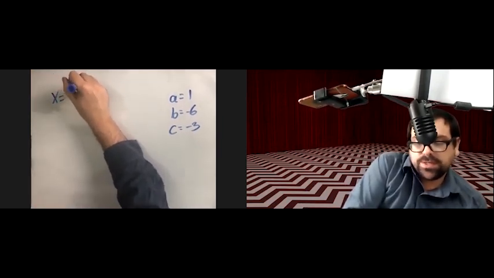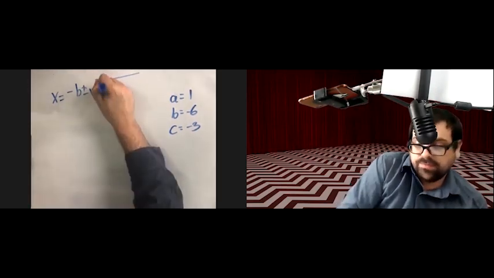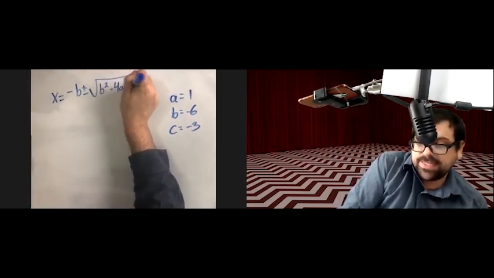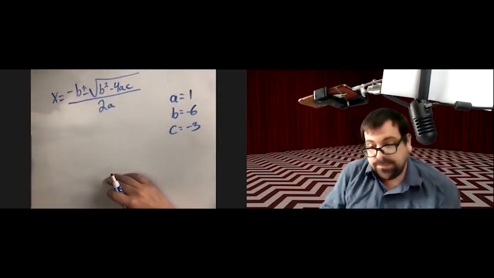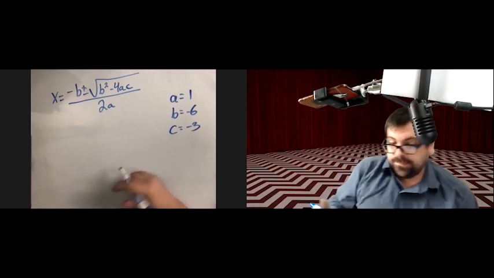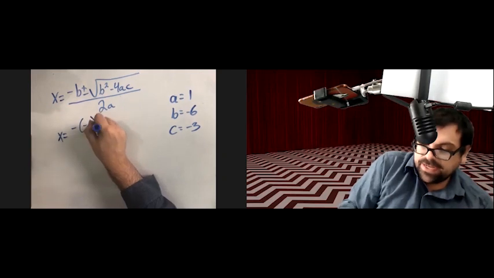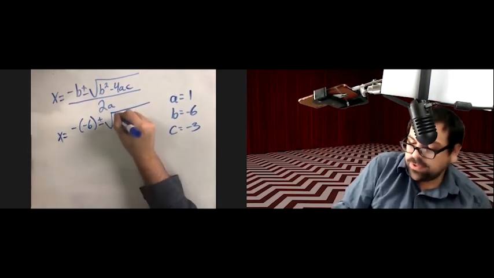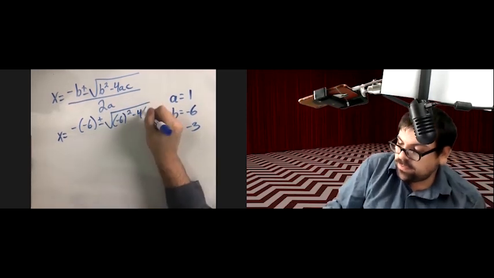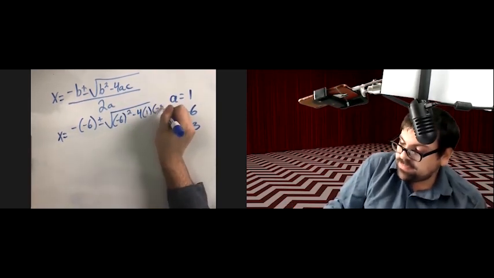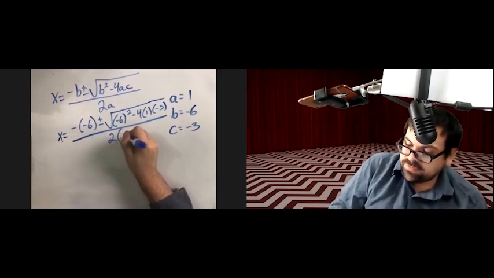X equals -b plus or minus the square root, b squared minus 4ac, all over 2a. X equals the opposite of -6 plus or minus the square root of -6 squared minus 4 times 1 times -3, all over 2 times 1.